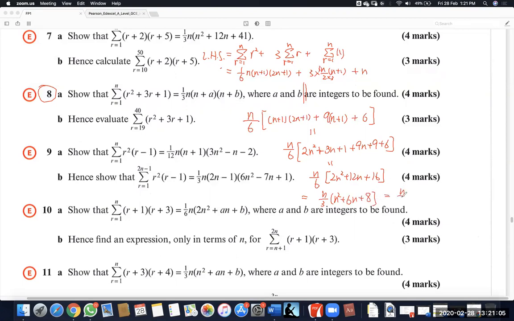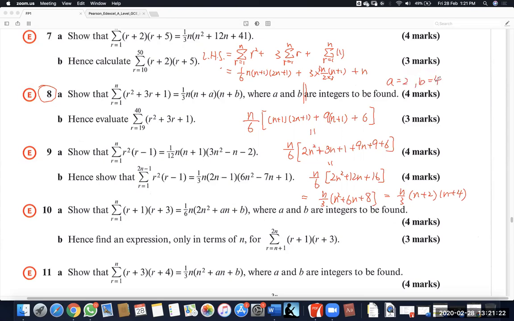And then you factorize once more: n plus 2 and then n plus 4. So you get a equal to 2 and then b equal to 4.